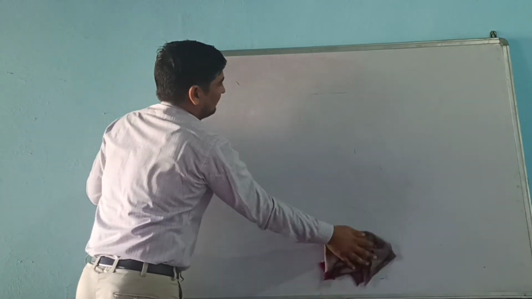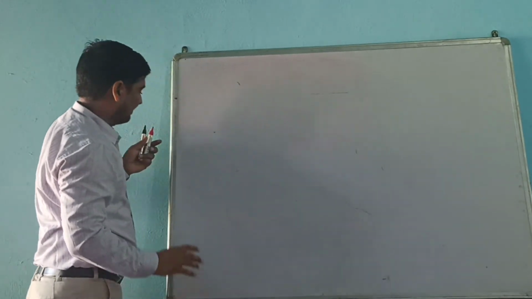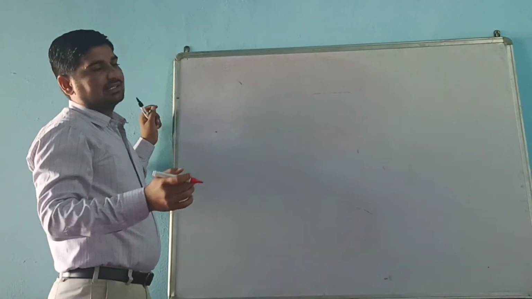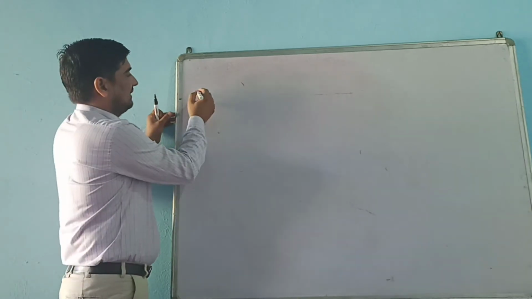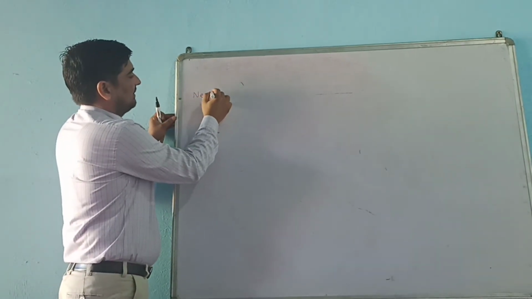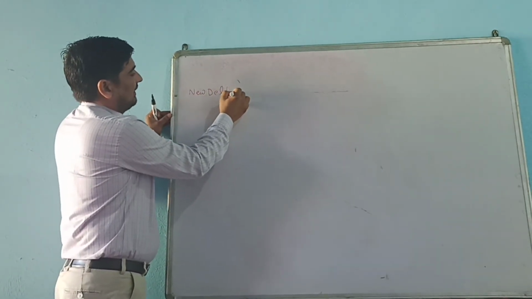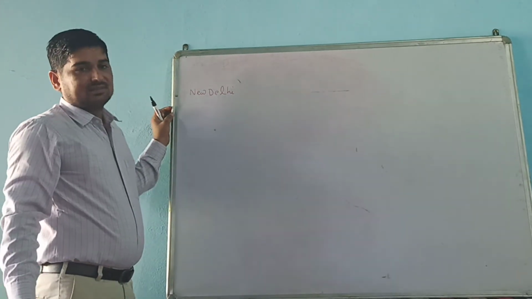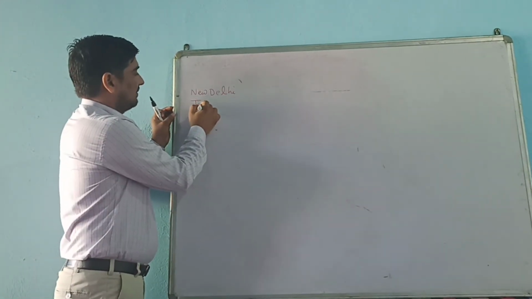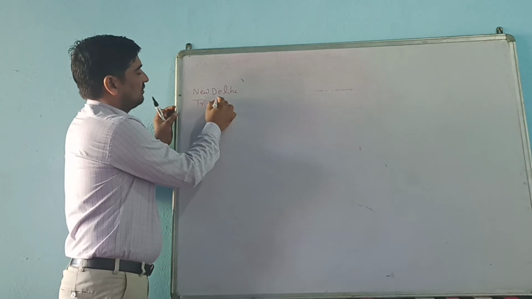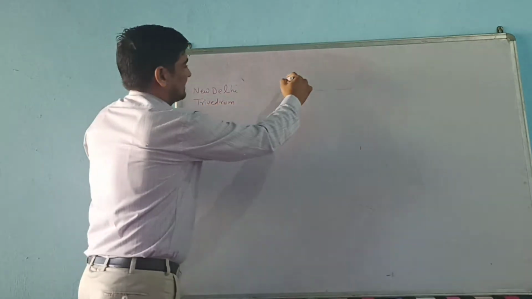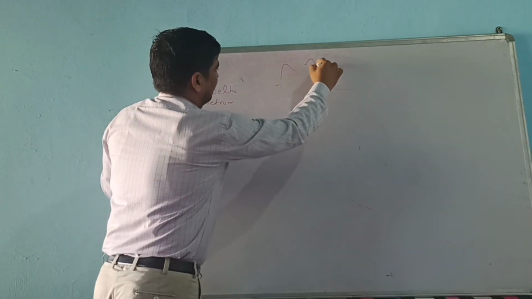See, all of you are well familiar with the India map, and you will know what the capital of India is. Our capital is New Delhi. What is the capital of Kerala? Thiruvananthapuram. So suppose you are going from Trivandrum to Delhi. Let us take a rough map of India.